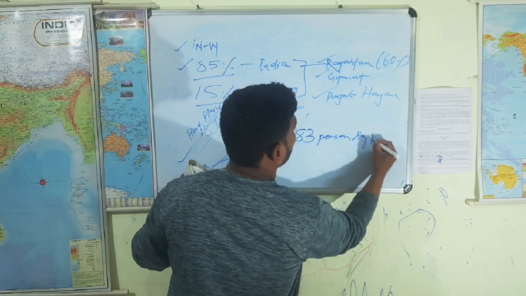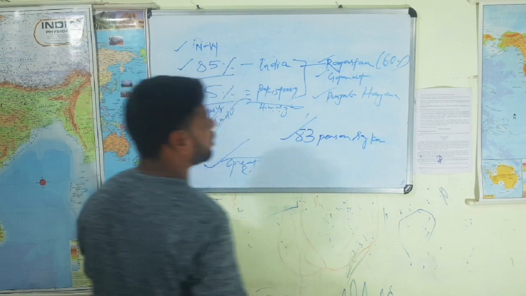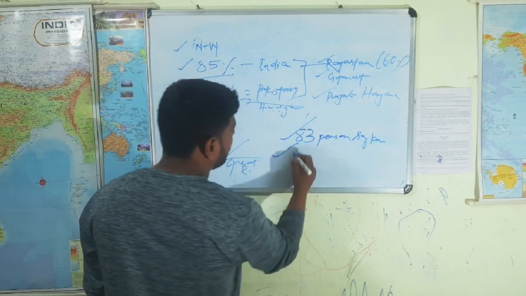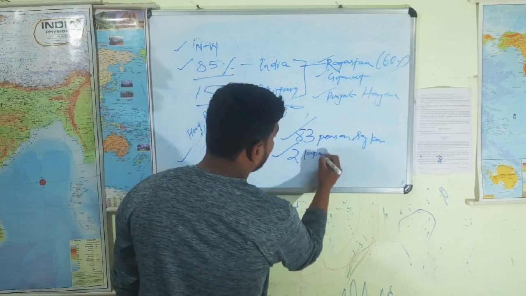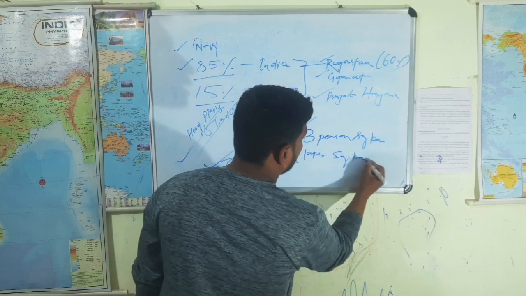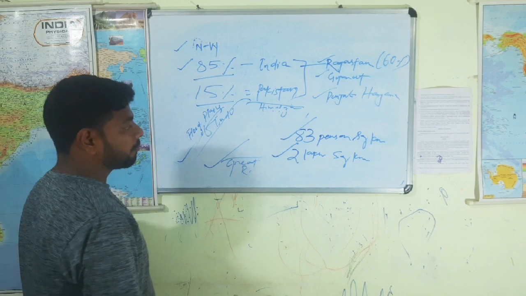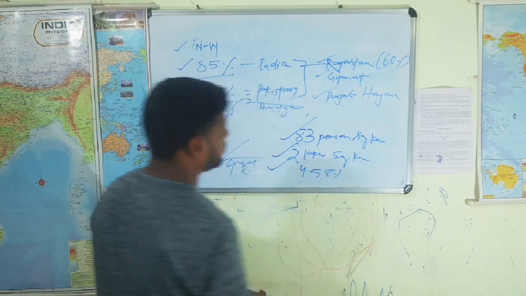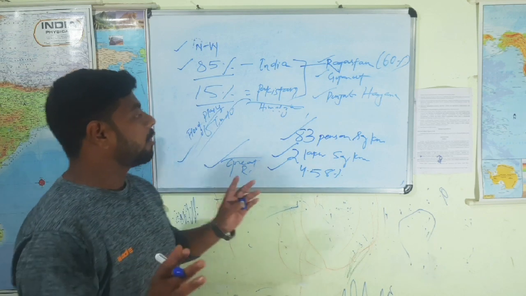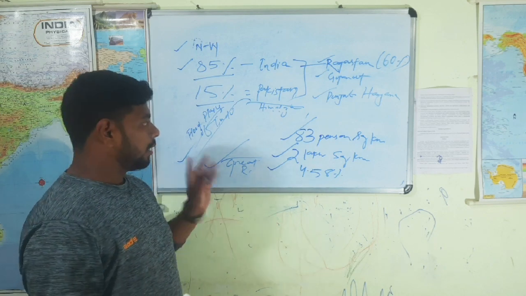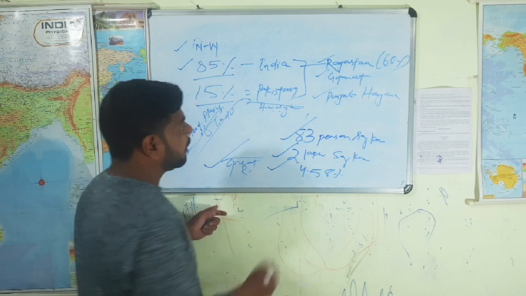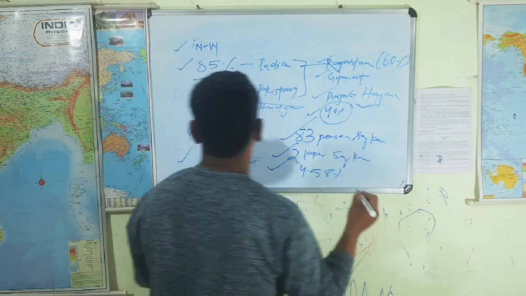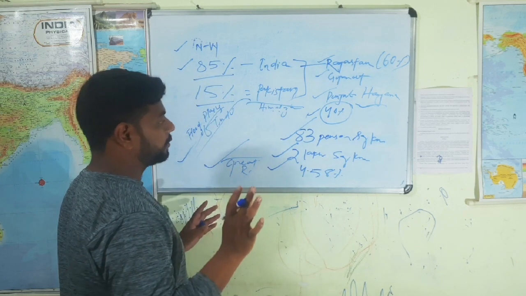In fact, it covers around 2 lakh square kilometers of India, which is around 4.58% of the geographical area of our country. Got it, guys? Around 40% of Rajasthan's population lives in the Thar Desert.